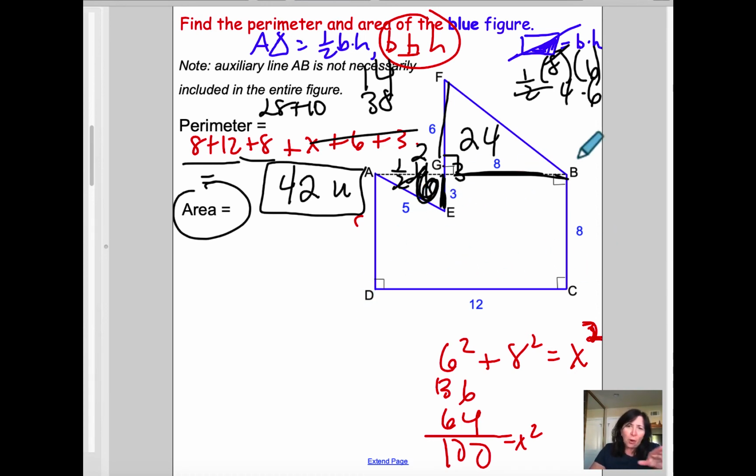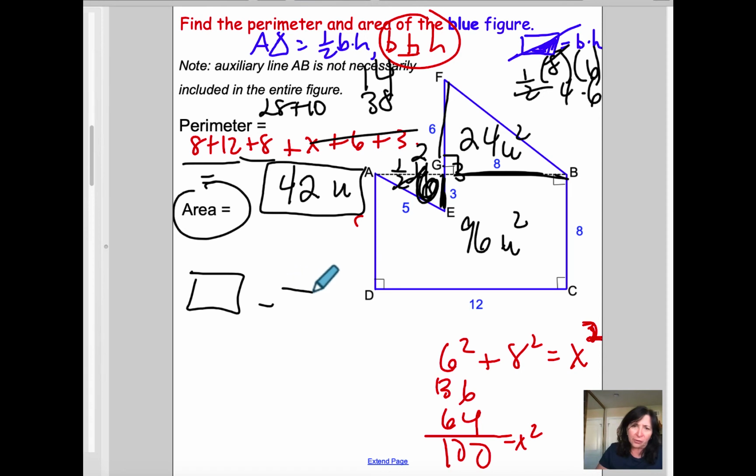And then the area of the whole rectangle, right, is 12 times 8, 96. Okay, so basically we're taking 96 units squared, because that's units times units, 24 units squared, and 6 units squared. So we're going to go the area of the rectangle minus this little triangular area plus this triangle.